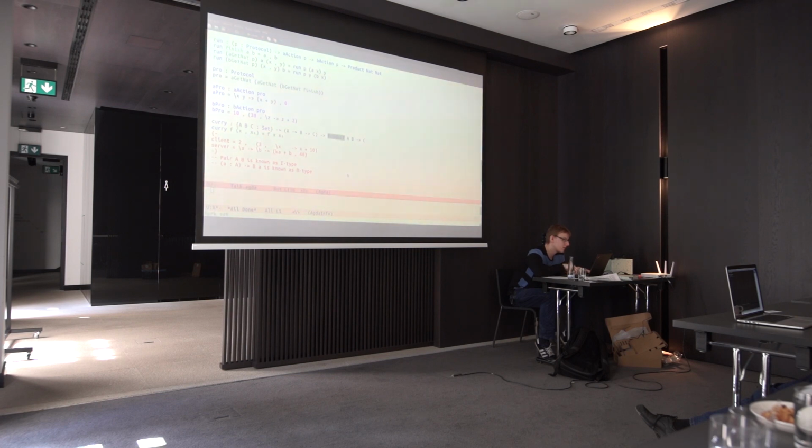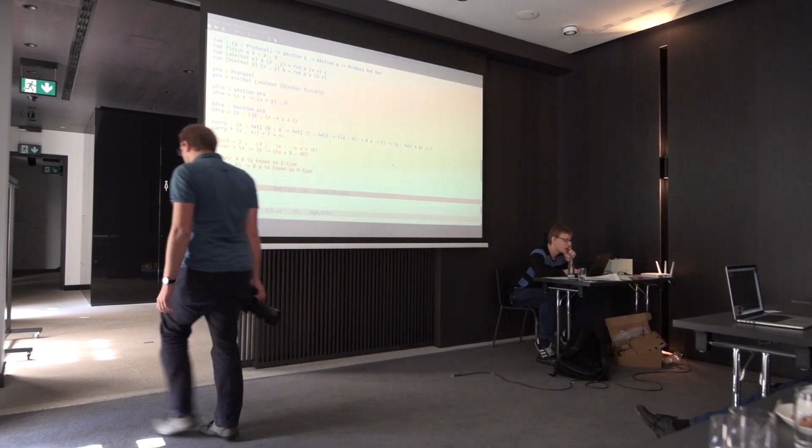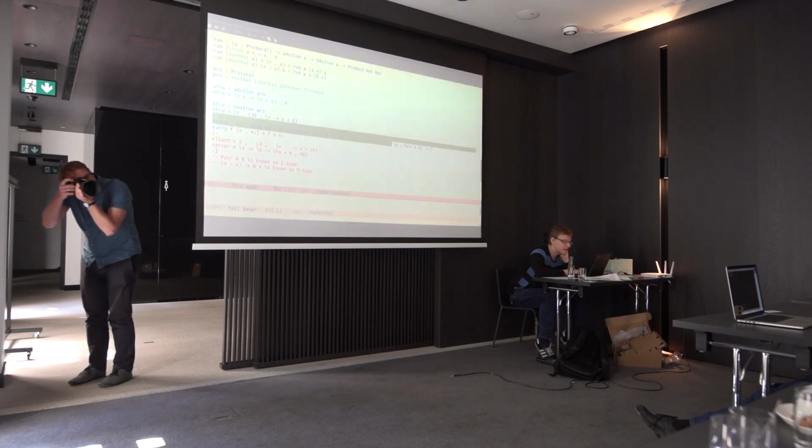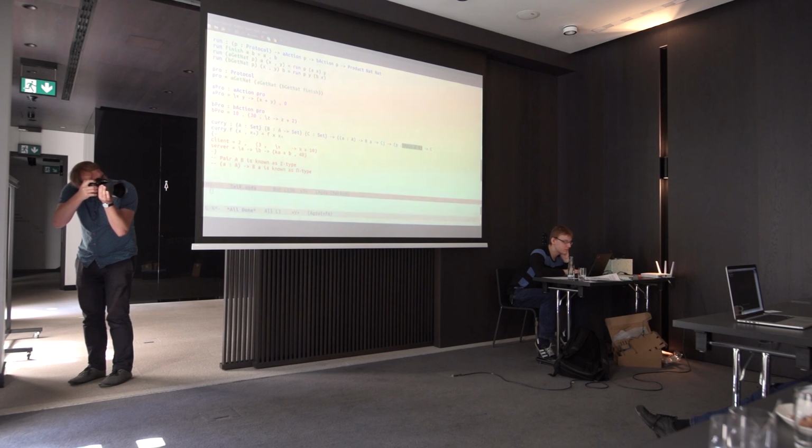So we'd like to have this product to be a dependent pair. So the implementation doesn't change, but this way we can carry a pair. Instead of a non-dependent pair, it's a dependent pair.